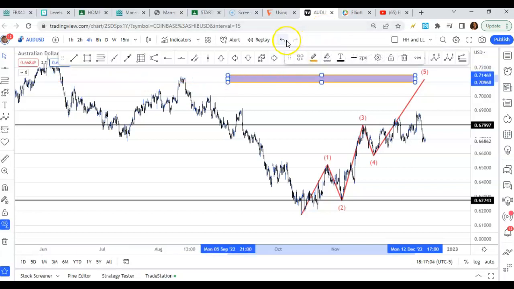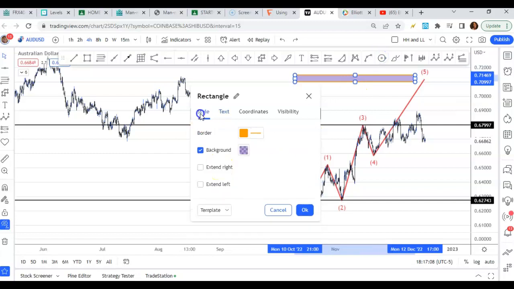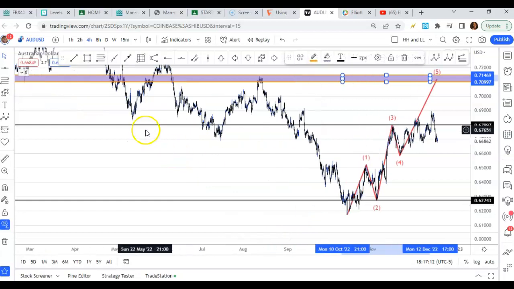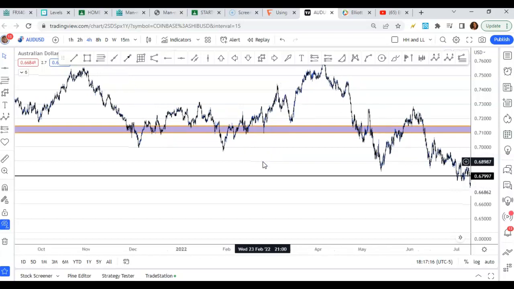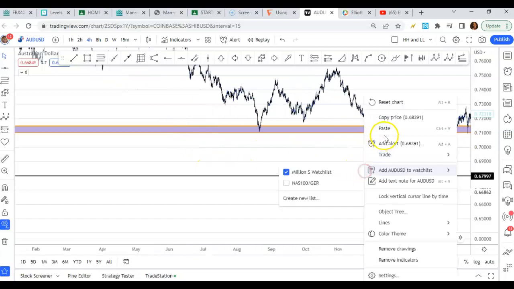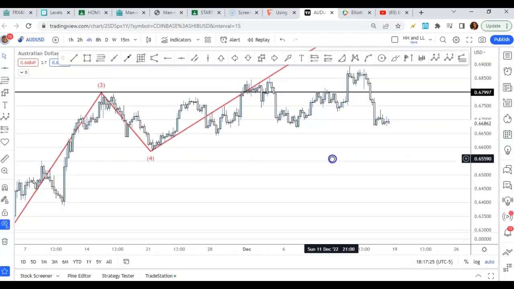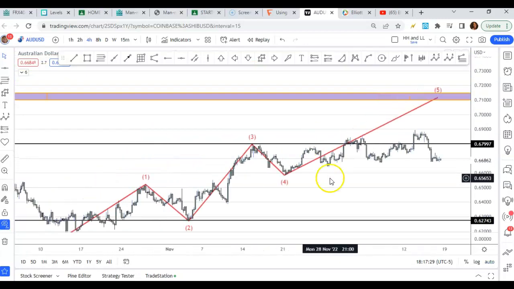Extend left, extend right, stretch that box over, and just look left to see if the market respected this area. Was it support, some reaction around that area? So there's a possibility that it could come up to this area.